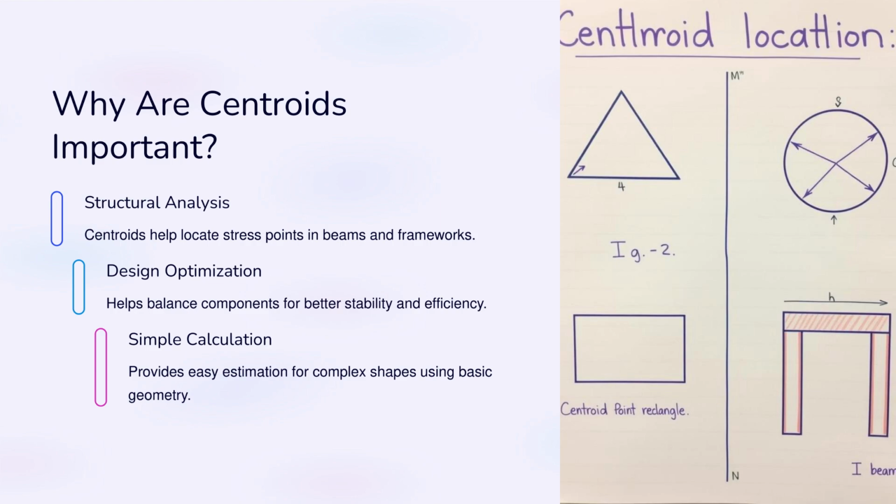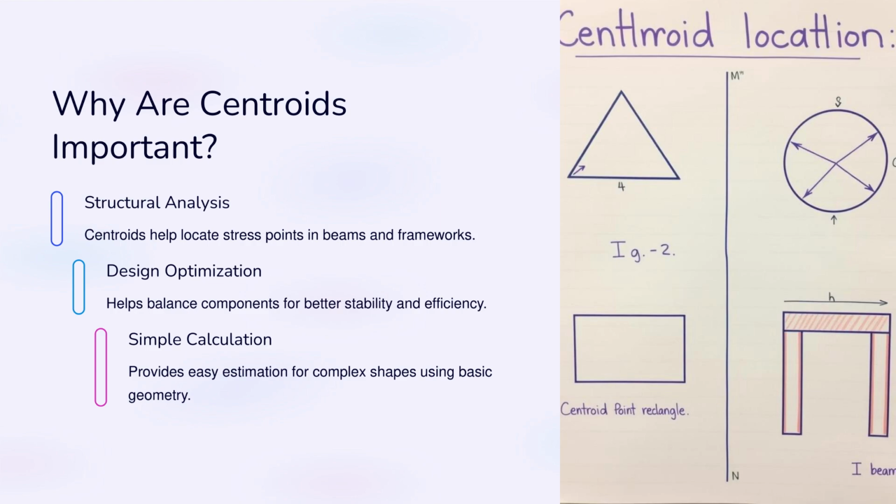A well balanced design ensures better stability and prevents failure. It also reduces material use and increases efficiency. Engineers also use it to create strong, cost efficient and reliable systems. Now let's move forward.